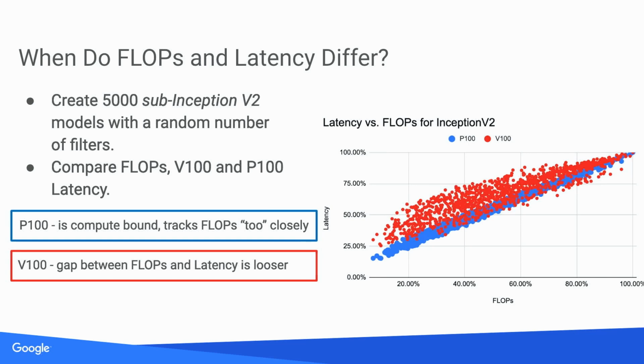For each of these architectures, we computed the latency for the P100 and V100 and the flop cost of it. And what we see is that for the P100, there is a very narrow band that shows the correlation between the flops and the latency. And this is why when we regularize with the flop regularizer and with the P100 latency regularizer, we basically get almost the same behavior, because the costs are correlated.